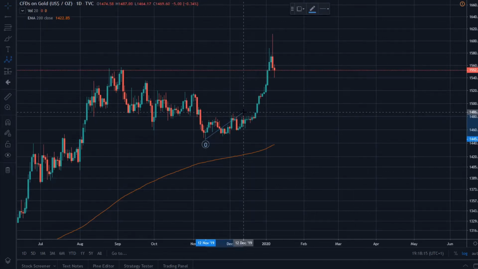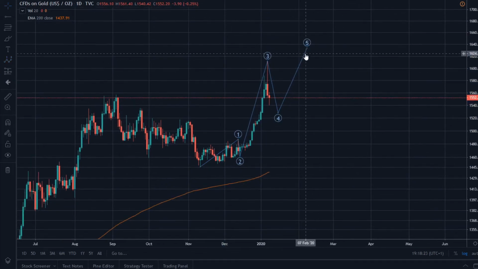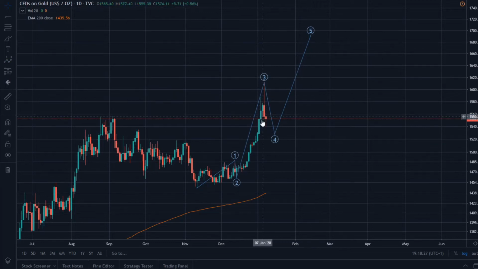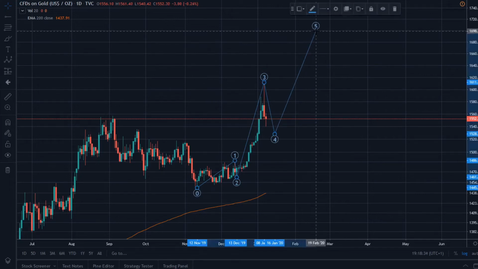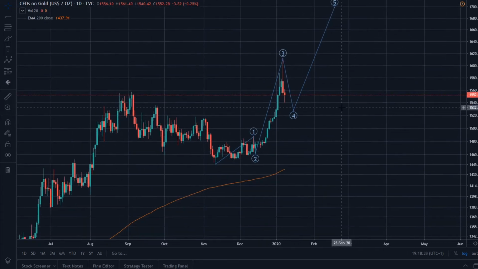A 1, 2, 3, 4, wherever it ends, and a 5, which obviously is higher. I mean, judging by this strong impulse, we might see a move down, then a very strong following move, maybe into the area of the $1,700 range. So this is perfectly possible.